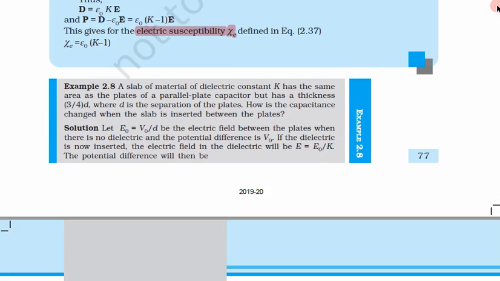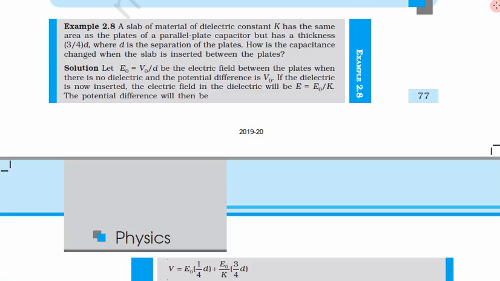Now let us see this example 2.8. A slab of material of dielectric constant K has the same area as plates of a parallel plate capacitor, but has a thickness 3 by 4 d, where d is the separation of plates.